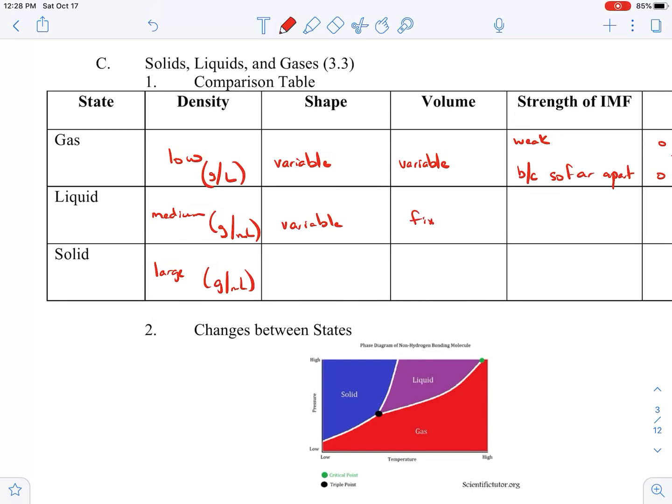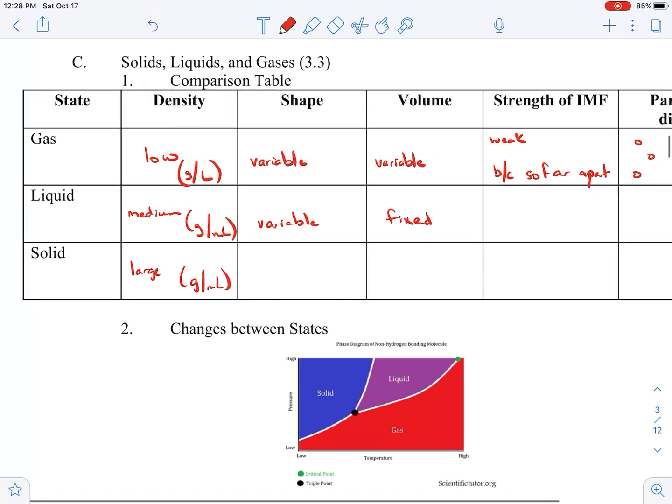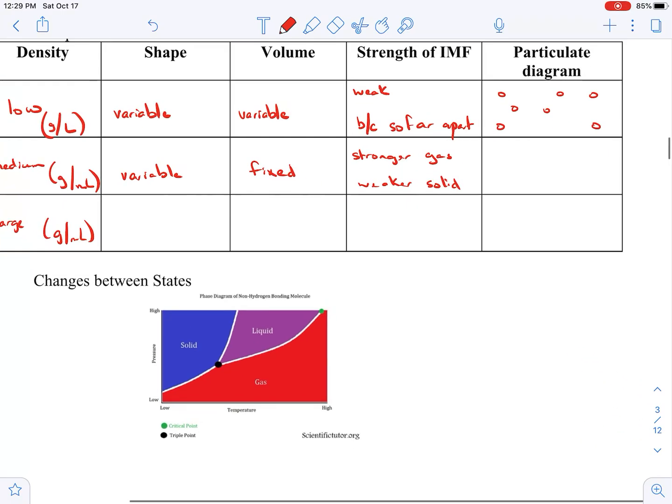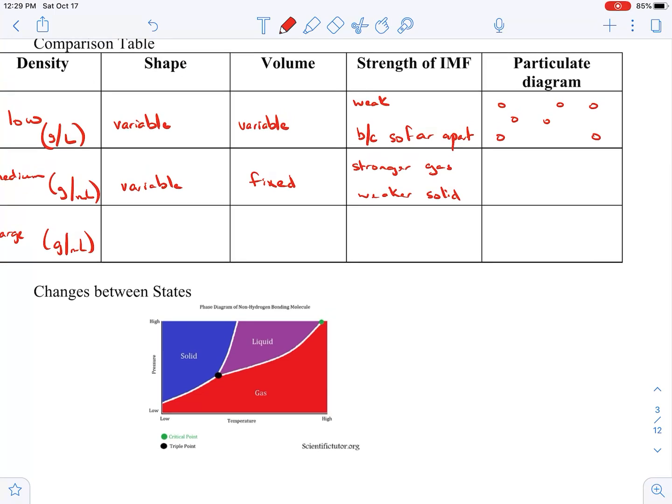We know its volume. Strength of intermolecular forces: obviously, if it's staying together as a liquid, they must be a little stronger than gases, but probably weaker than a solid. Then our particulate diagram: remember, it takes the shape of a container.